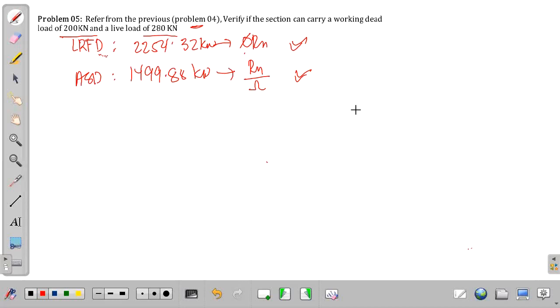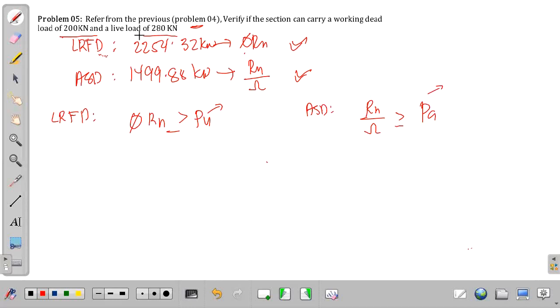If you still remember from our code provision for LRFD, our design tensile strength should be greater than our ultimate load. Yung ultimate load, that is for our actual load. And for the ASD, our allowable tensile strength should be greater or equal to PA. That is the actual load.